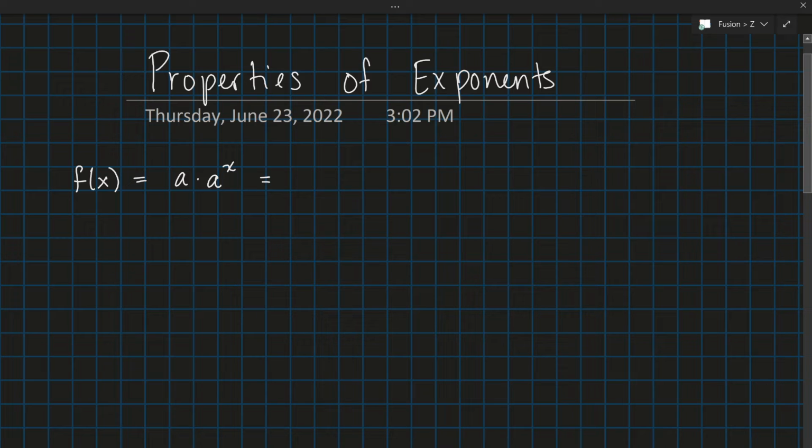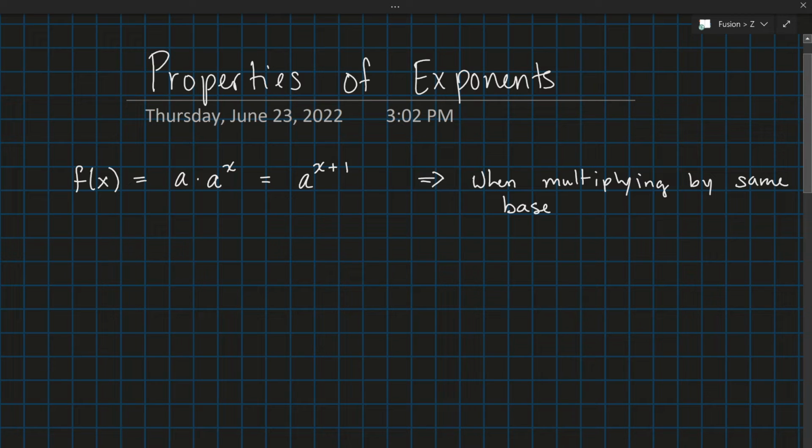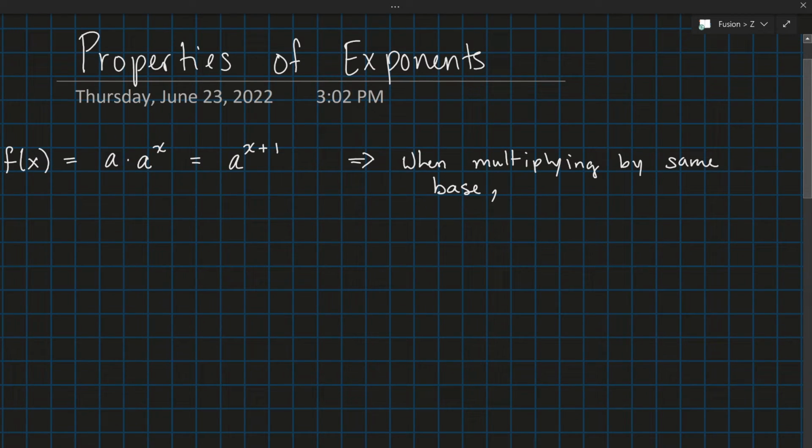They have the same base, so their exponents add. So it would be a to the x plus 1. So when multiplying with the same base, the exponents add.